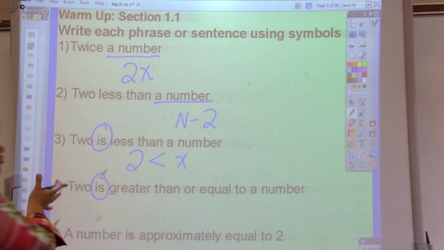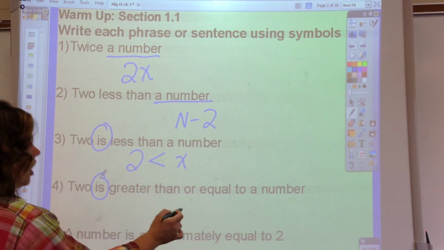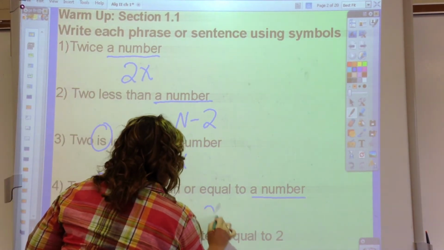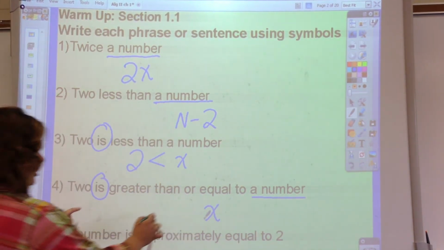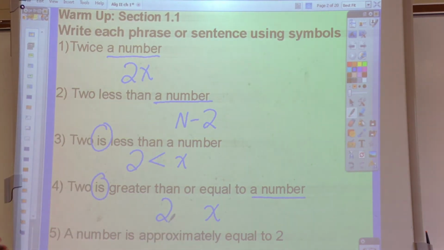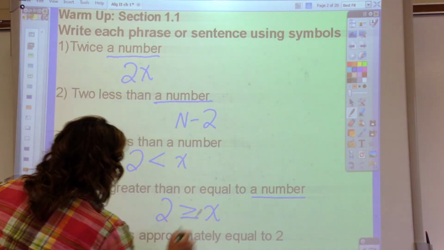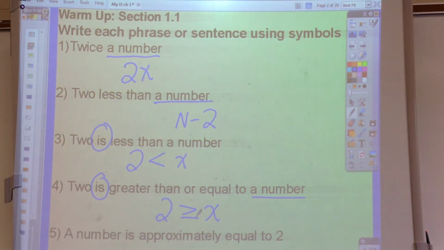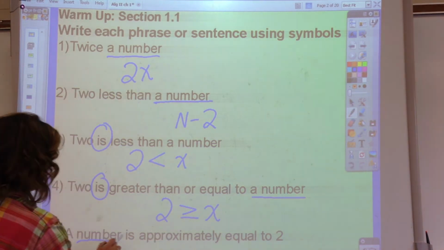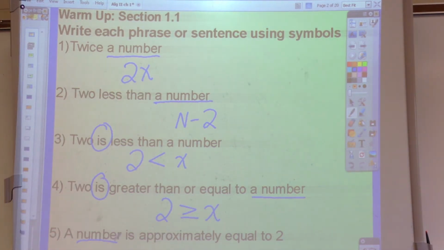All right, let's look at number 4. How about 2 is greater than or equal to a number? I'm going to look at my a number, and I'm going to look at 2. And I want to represent that 2 is greater than or equal to. So now I'm going to utilize my inequality with equality statement. Finally, number 5. A number is approximately equal to 2.